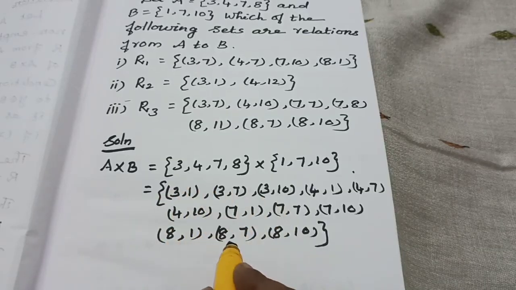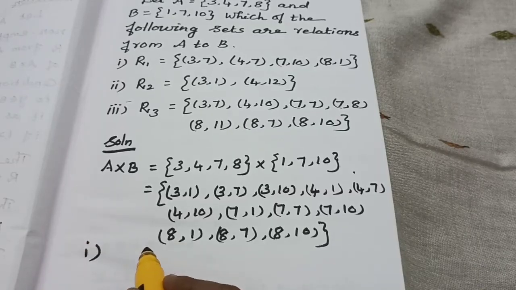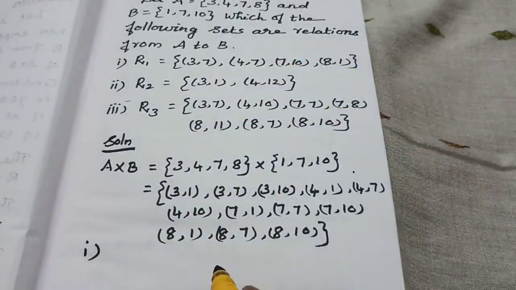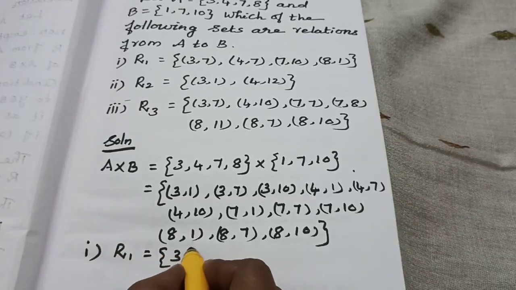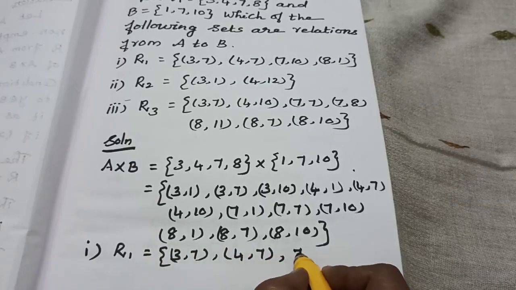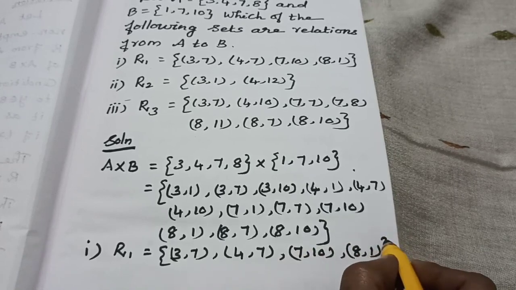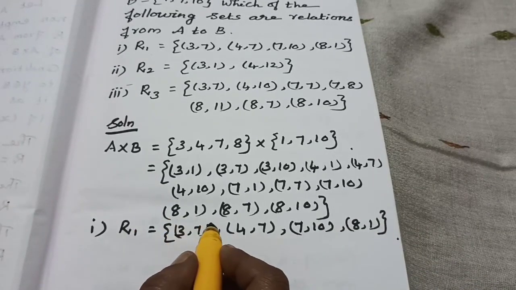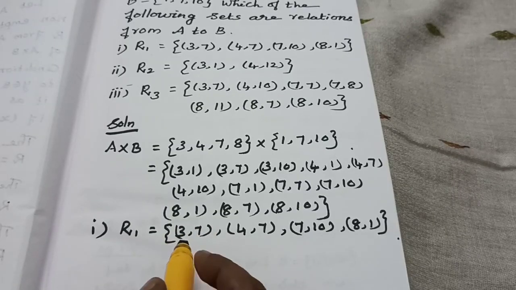All ordered pairs we wrote, isn't it? Then our first question: R1 is equal to the set {(3, 7), (4, 7), (7, 10), (8, 1)}. These are the elements. Our question is, which of the following sets are a relation from A to B? Now we have to check.